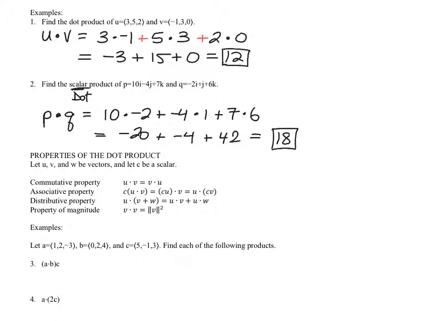Now on your calculator, I think this falls squarely in the category of it might be more trouble than it's worth, but I can show you really quickly how you would handle a dot product in your calculator. You'd use squiggly brackets to input your vectors, 3, 5, 2, for example, and then another set of brackets for -1, 3, 0.